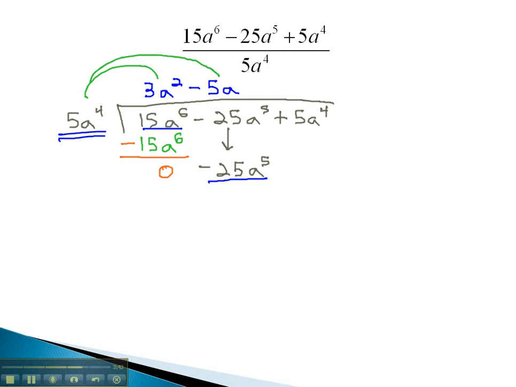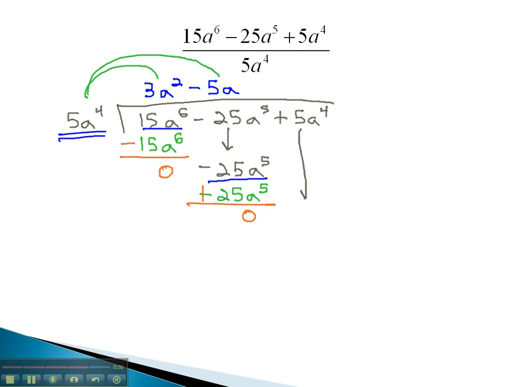Multiplying negative 5a times 5a to the 4th will be negative 25a to the 5th. Again, before we combine, we must change the sign, making it positive 25a to the 5th, which will give us 0.